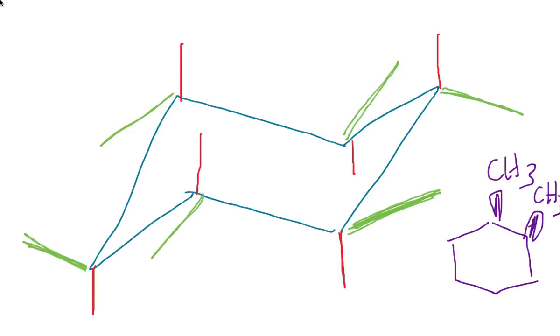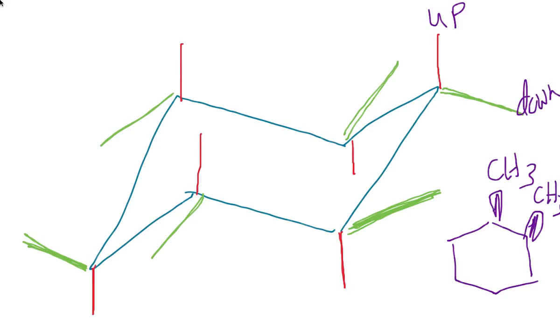If it has two groups which are cis, depending on where they are located, 1,2, 1,3, or 1,4, they're going to influence that conformation in different ways.